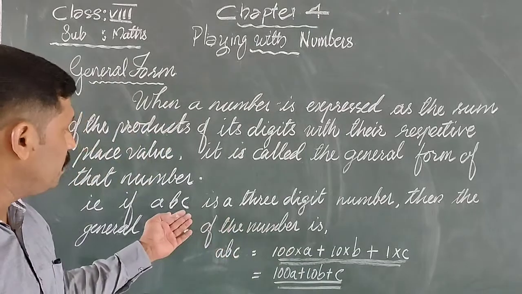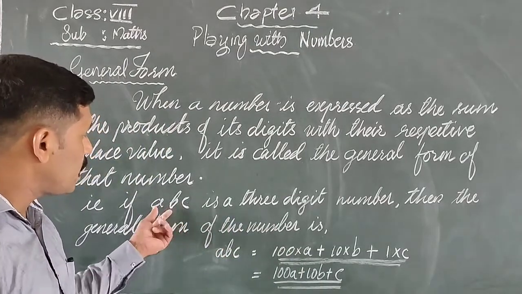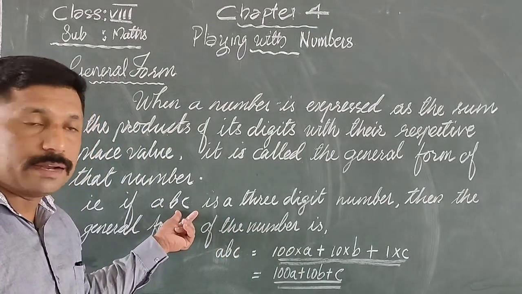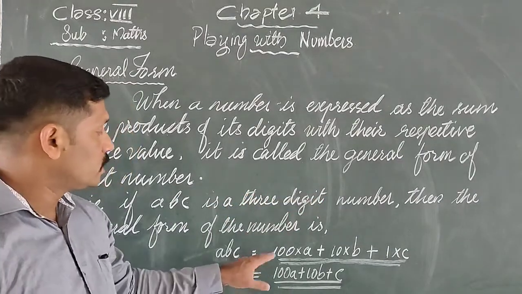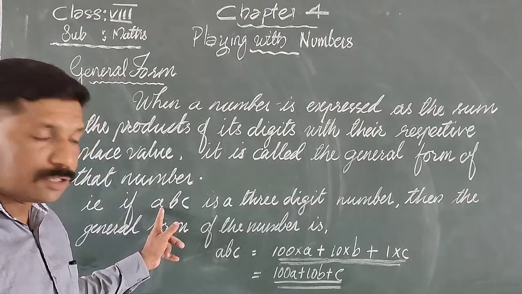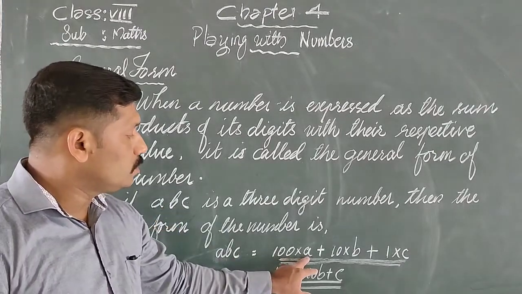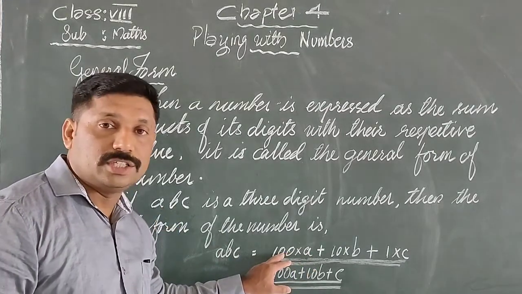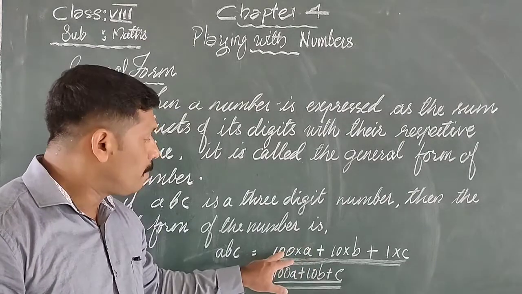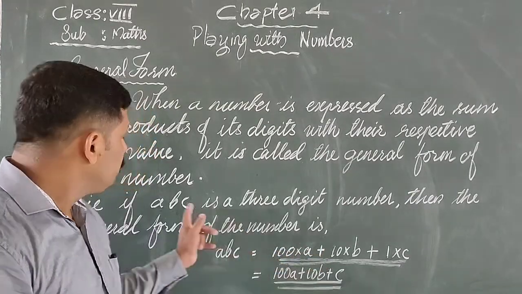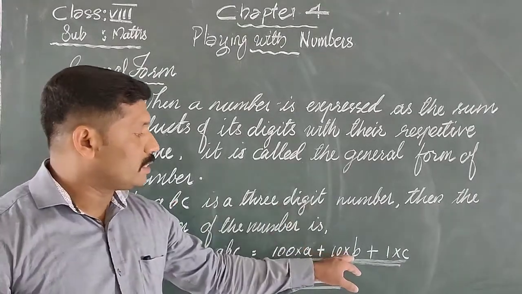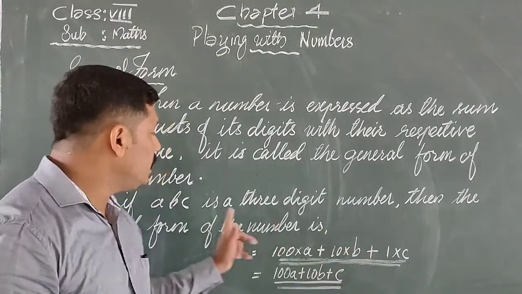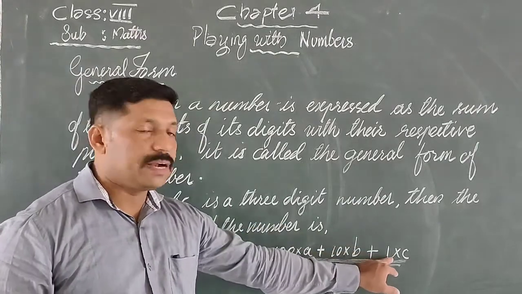Example, if ABC is a 3-digit number, we have the different digits of that number. If we write ABC in generalized form, A is in the hundreds place, so 100 into A, which means the digit is multiplied with its place value. Then B is in the tens place, therefore B is multiplied by 10, and C is in the ones place, so it is multiplied with 1.